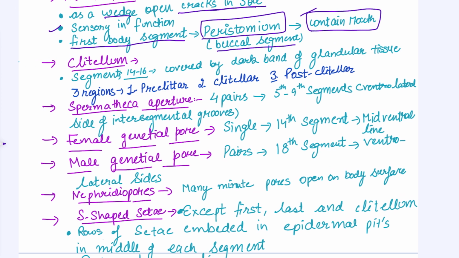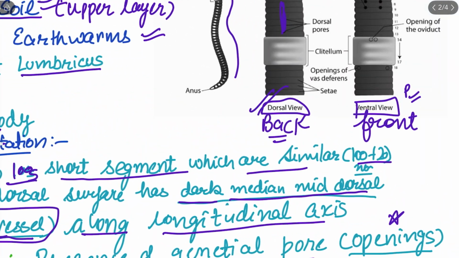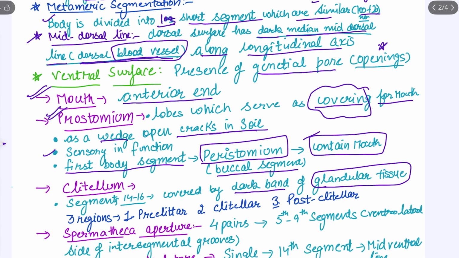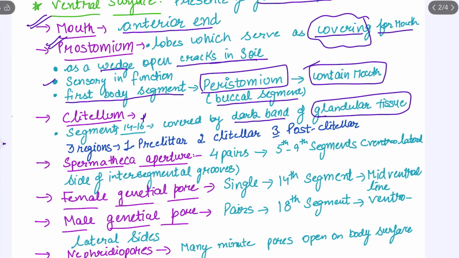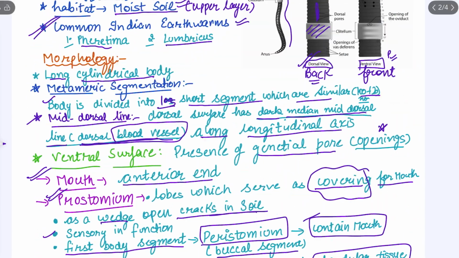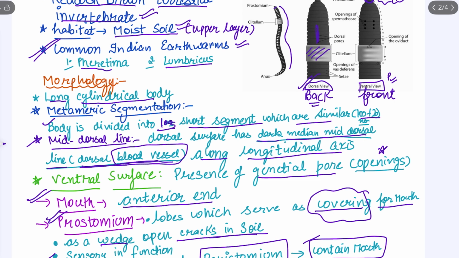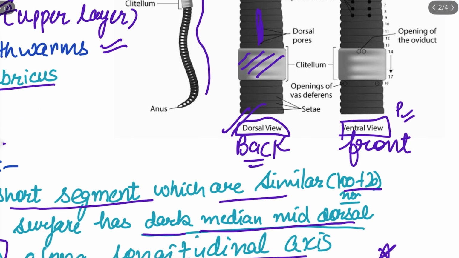Next is the clitellum. What is the clitellum? Basically, it is a dark band of glandular tissue present at the 14th to 16th segment.